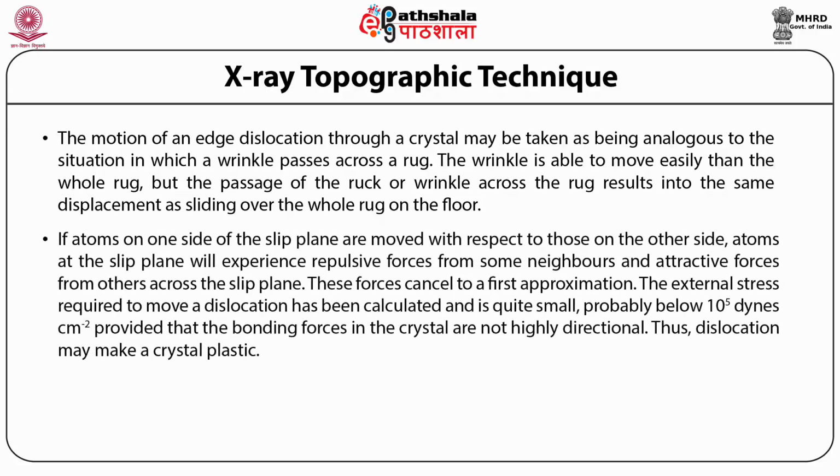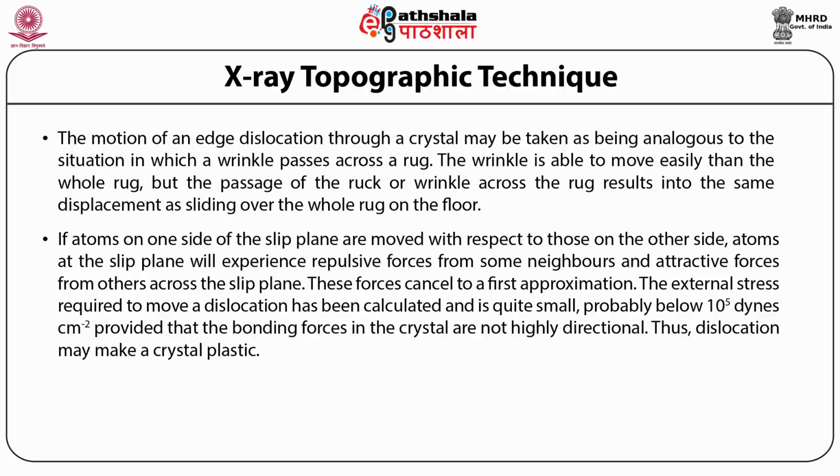If atoms on one side of the slip plane are moved with respect to those on the other side, atoms at the slip plane will experience repulsive forces from some neighbors and attractive forces from others across the slip plane. These forces cancel to a first approximation.